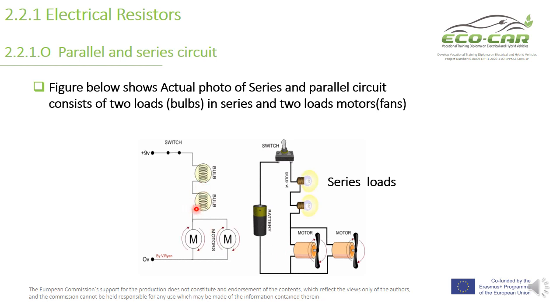There is a switch, and when this switch is closed, the motors work. So this figure shows an actual photo of a series and parallel circuit, consisting of two loads in series and two motors as fans.